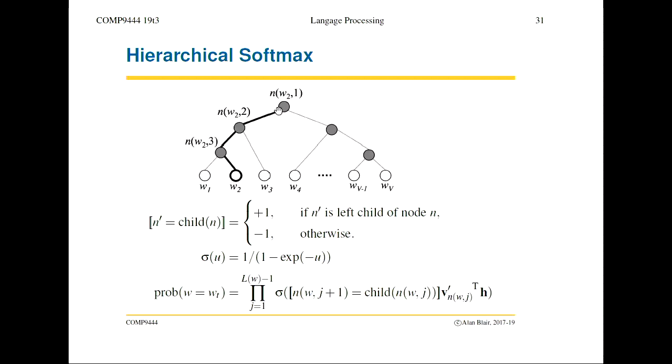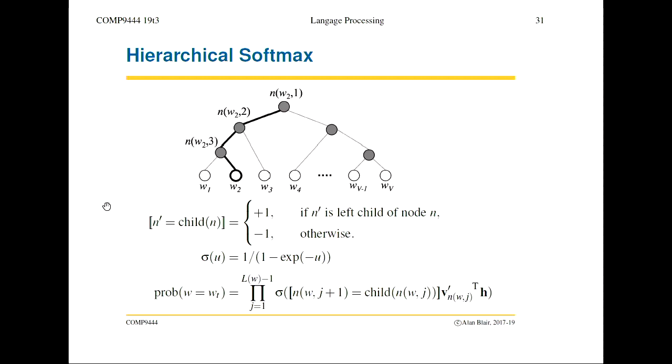So if this is correct, I train the network to make this choice rather than that one, and then when I get to here, I train this node to make this choice rather than that one, and here I train it to make this choice instead of that one. So the number of output nodes is still the same, but not all of them are going to be calculated, right?